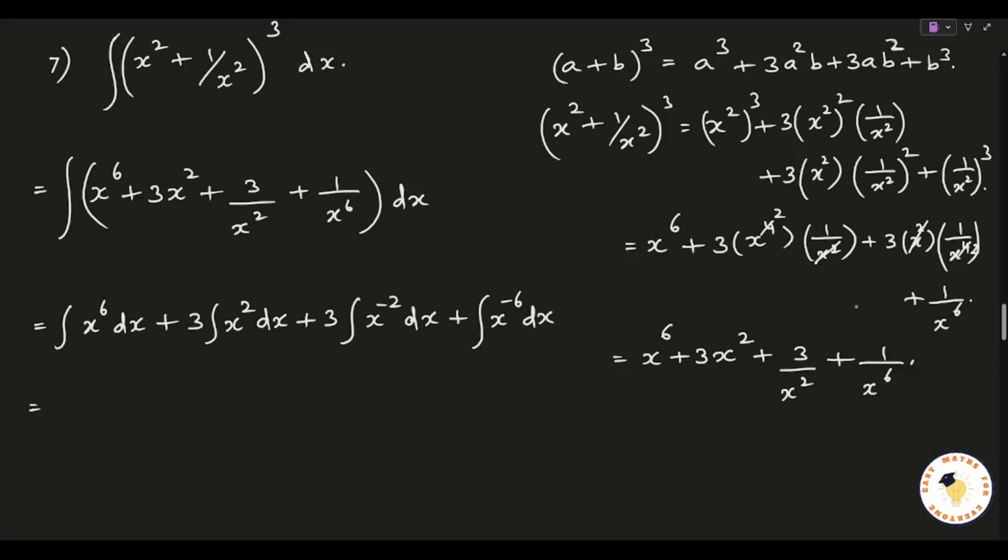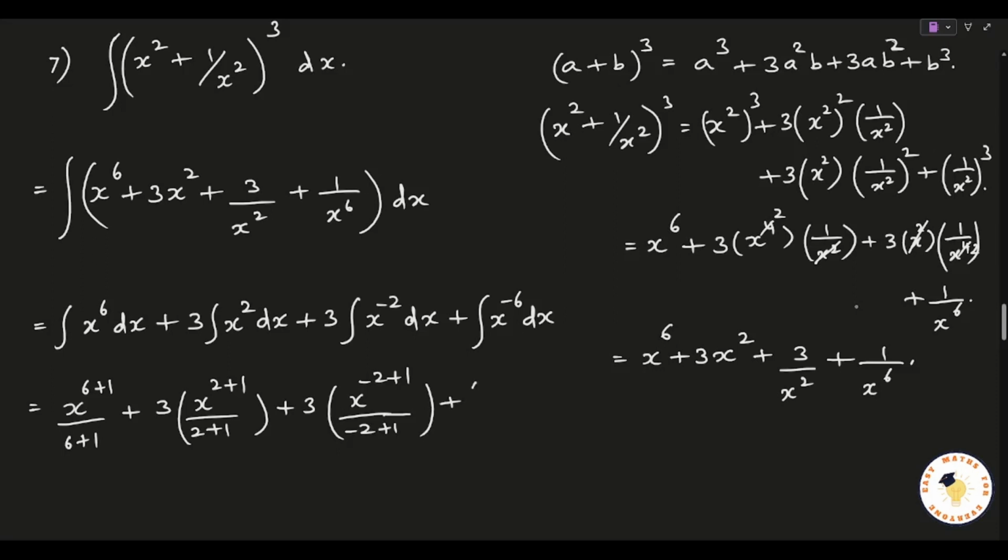Simplifying this further, we get x power 6 plus 1 by 6 plus 1 plus 3 into x power 2 plus 1 by 2 plus 1 plus 3 into x power minus 2 plus 1 by minus 2 plus 1 plus x power minus 6 plus 1 by minus 6 plus 1 plus c.